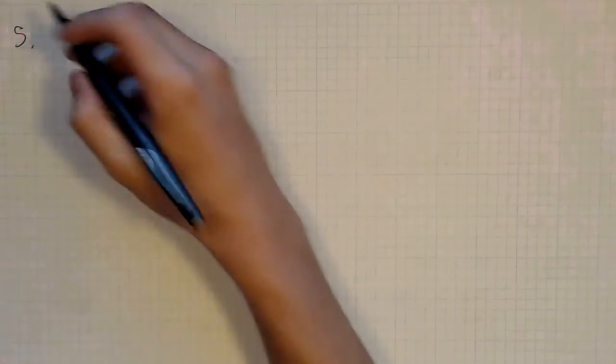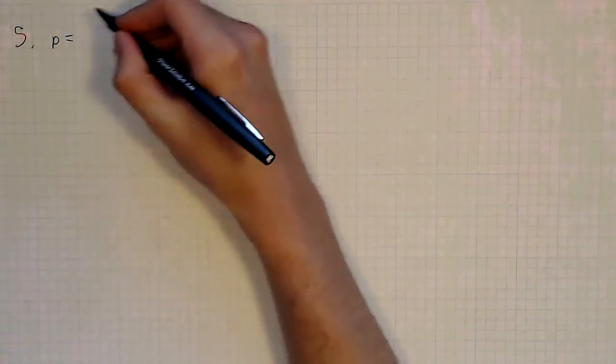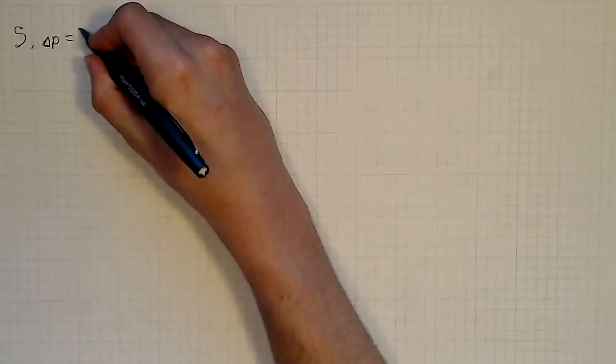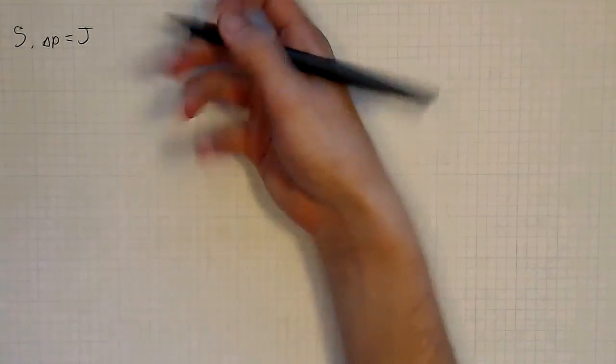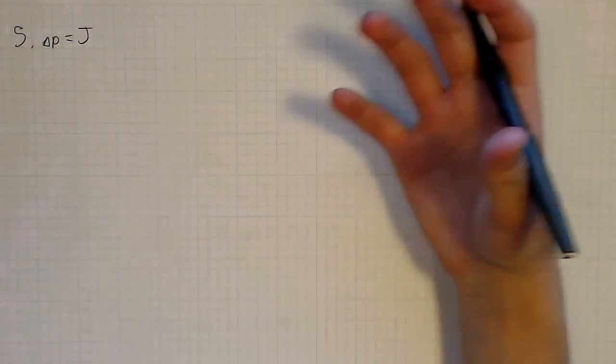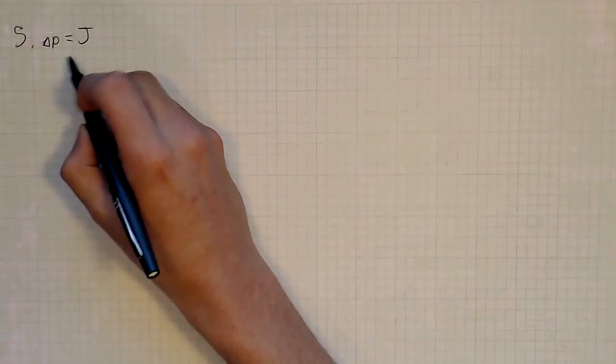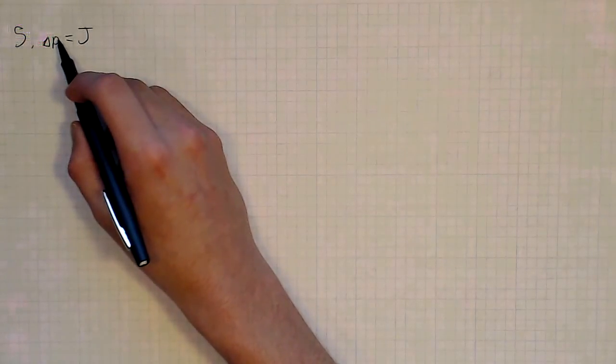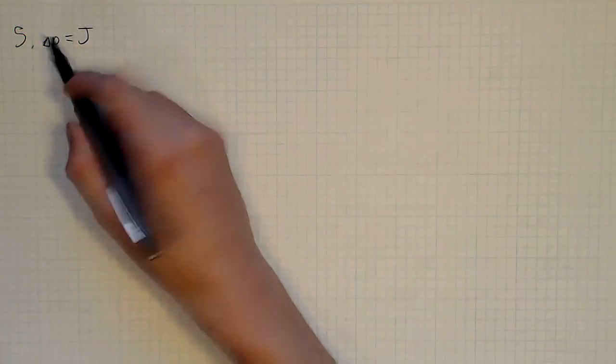So another way that we've looked at change in momentum is impulse. And change in momentum is obviously going to have the same units as momentum, so if we can prove the units for change in momentum, we can say that those are also the units for momentum, because it's just a change in. The delta doesn't really mean much.